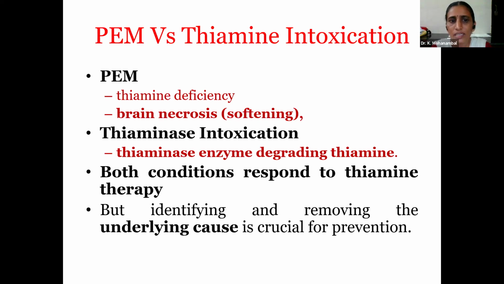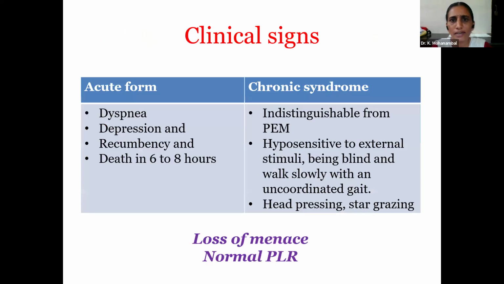That is very important. That's why we need to differentiate both conditions. But both conditions will respond to thiamine, so thiamine is a very important vitamin to be supplemented when an animal is presented with thiamine intoxication.